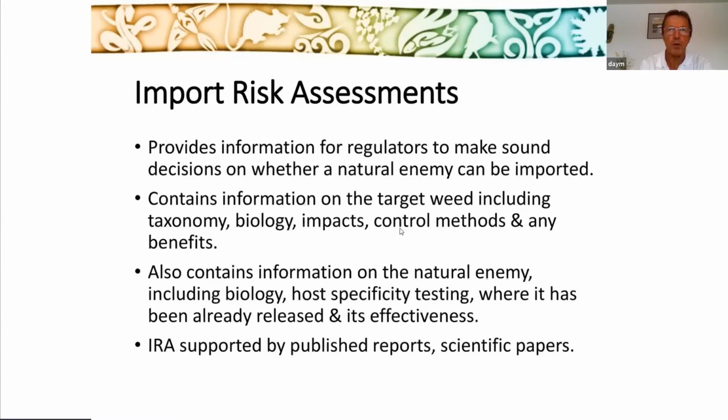And again, this is because we want to know, is the biocontrol agent likely to affect the plant? Is the biology of the insect going to match the biology of the plant, such as a seed feeder on a plant which only flowers once a year, or things like that? So we need to look at that.